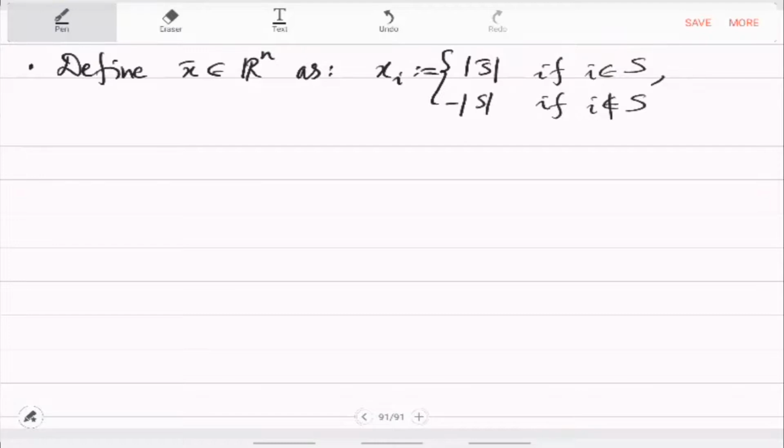Okay, so that's the definition of xi for all i from 1 to n. So now you can see the value of Z at x bar.